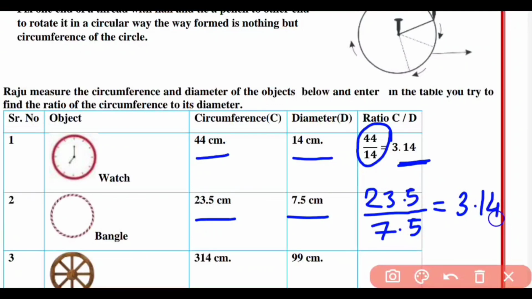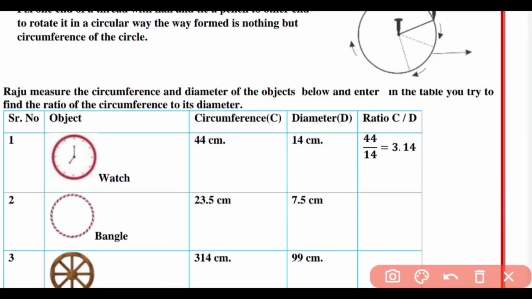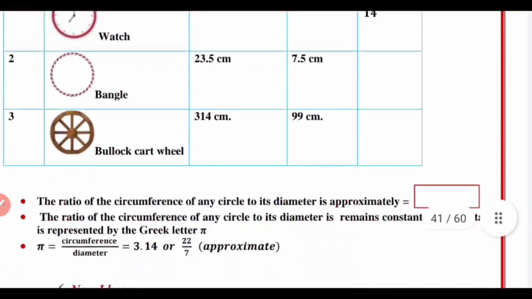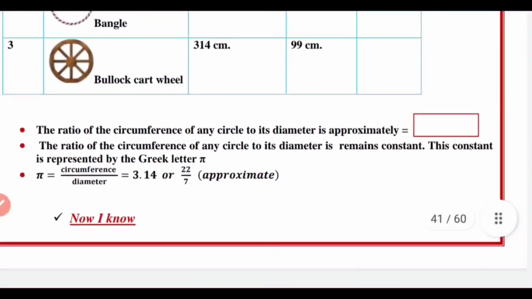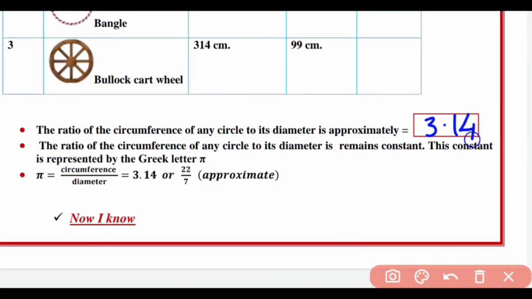Okay, so in this way, whenever we divide circumference by diameter, the answer will be approximately 3.14 every time. So what does it mean? It means that the ratio of circumference of any circle to its diameter is approximately 3.14.